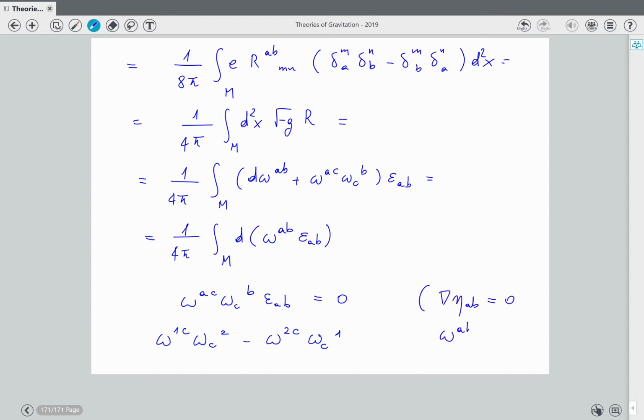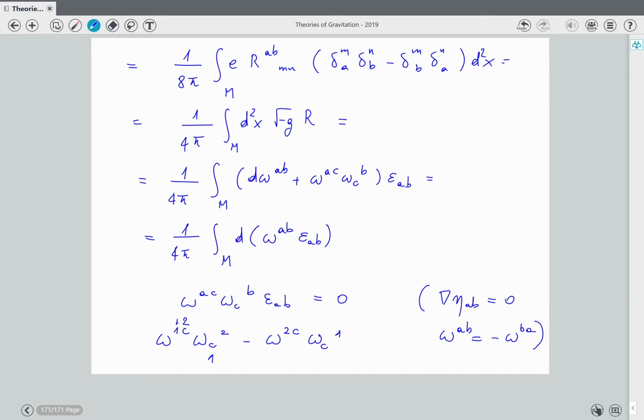Which I recall implies that the spin connection is antisymmetric. And then you see there is not much you can do here because the two indices C must be equal, but since omega is antisymmetric, they must also be different. So if this is 1, this must be 2. If this is 2, this must be 1.